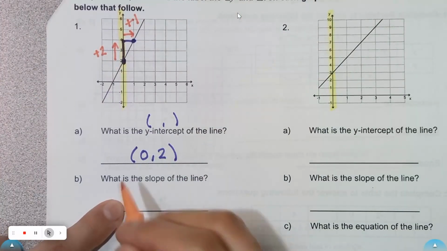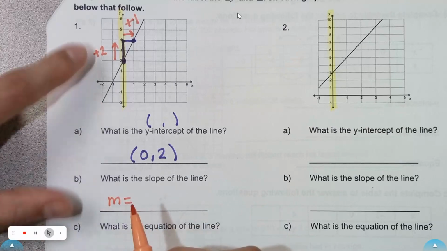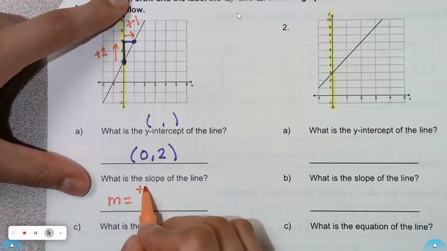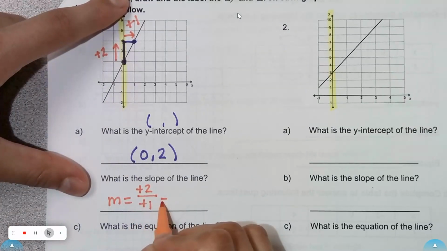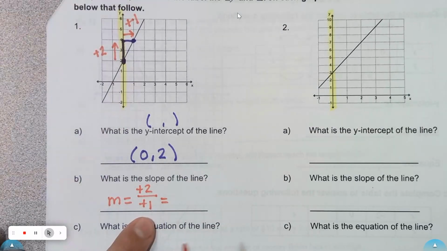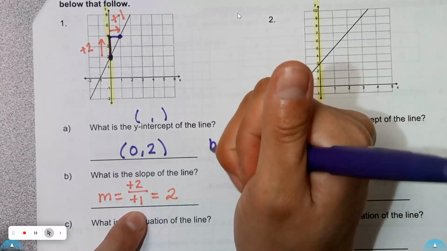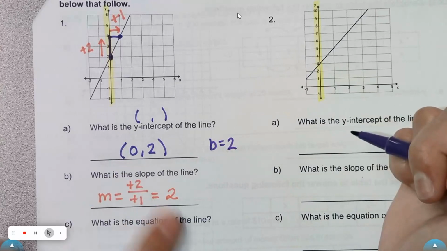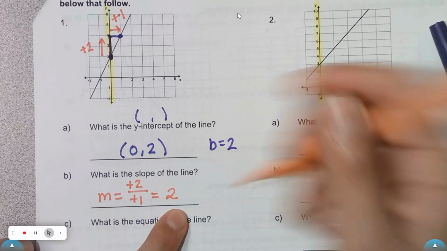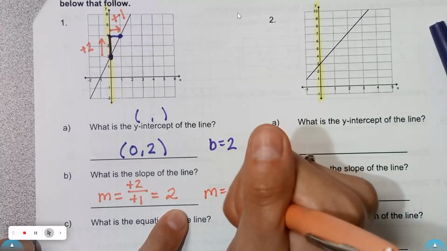So when I write my slope, it's my y over my x, so plus 2 over plus 1. 2 divided by 1, if I put it in my calculator, I get 2. Okay, keep in mind that your y-intercept is your b, so my b equals 2. And I know that my slope, my m, is also 2 because I solved for it.